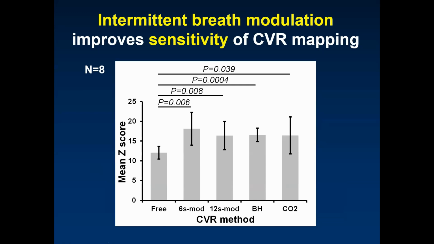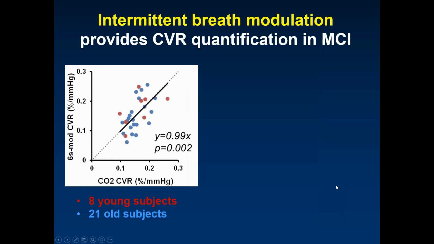If we look at the sensitivity of different methods, again, the free breathing showed the least sensitivity, while the breath modulation methods and breath holding showed values similar to CO2 CVR. And in terms of quantification, the 6 seconds breath modulation method also yields whole brain CVR values that are significantly correlated with the CO2 CVR values, with a slope close to 1.